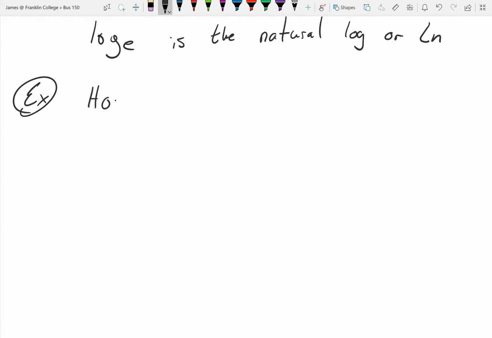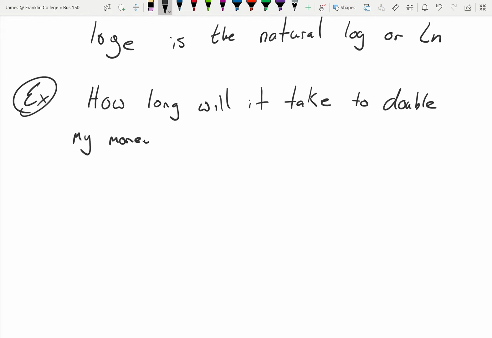Let's say, how long will it take to double my money if R equals 20% and we are compounding once a year, and M equals 1.